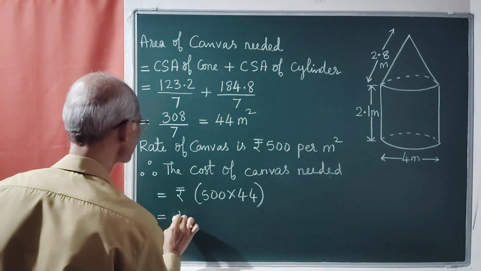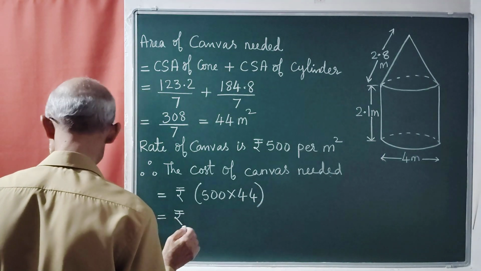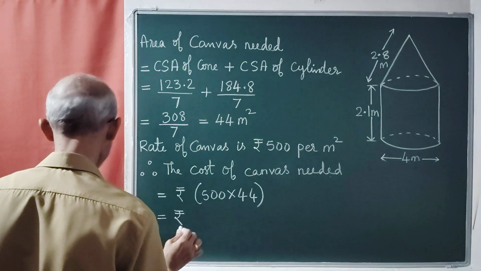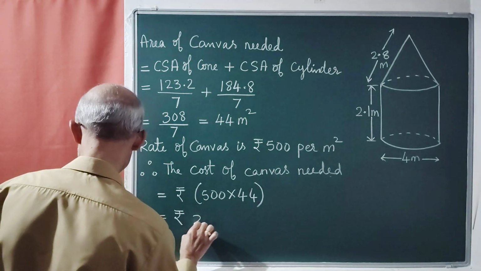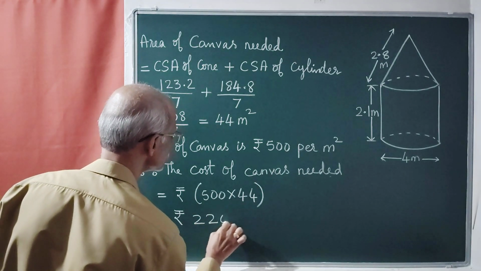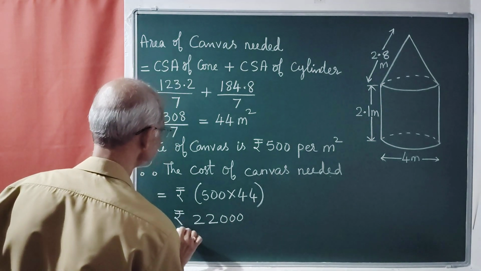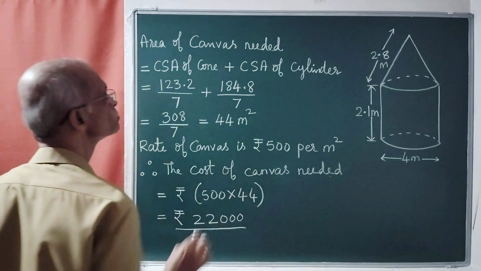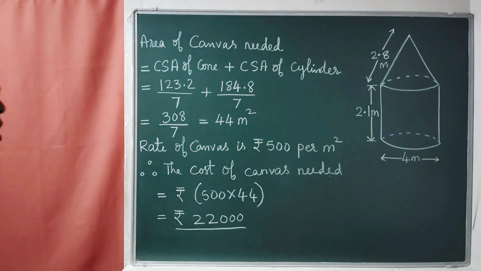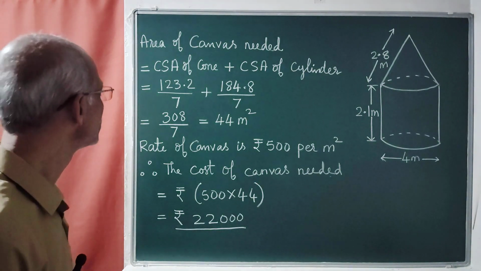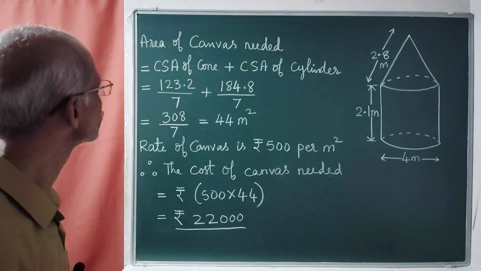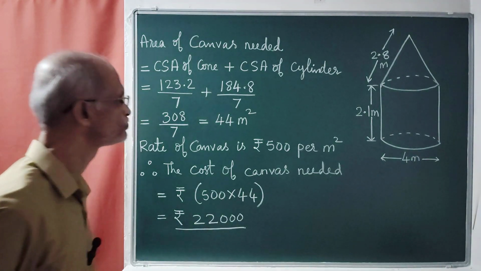That's equal to rupees 22,000. So the cost of canvas required to make the tent is rupees 22,000.